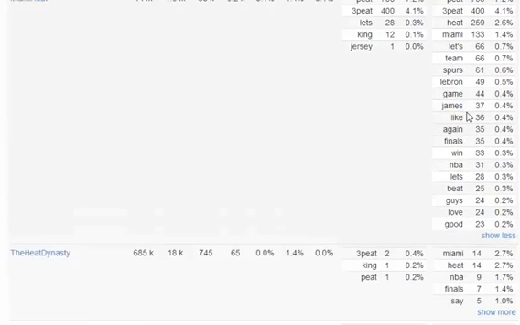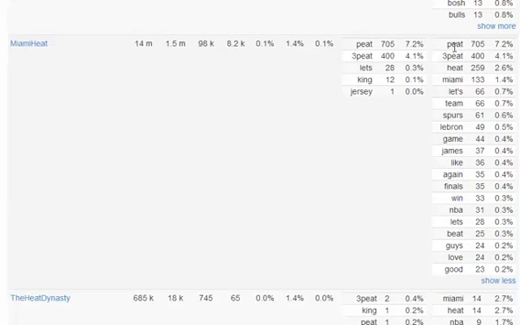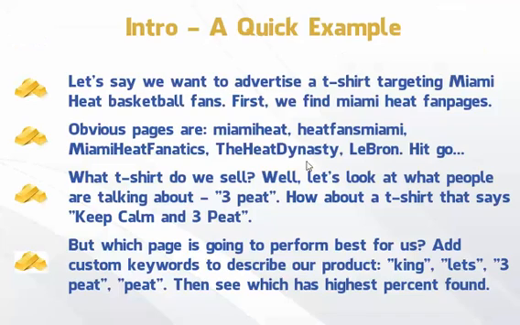But the basic idea is that Pete and three-peat is the word being used by far the most on these particular pages. The reason that's important is if we know that people are talking about Pete and three-peat, then we can feed that into our advertising campaigns, into our ad, and of course in the case of this particular example we can put that onto our t-shirt.